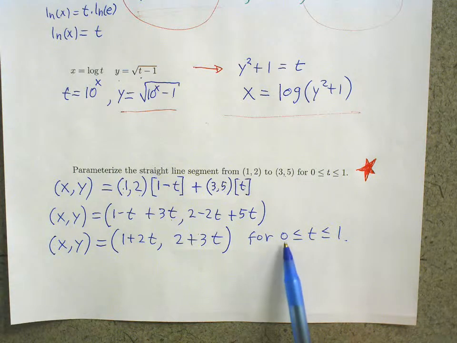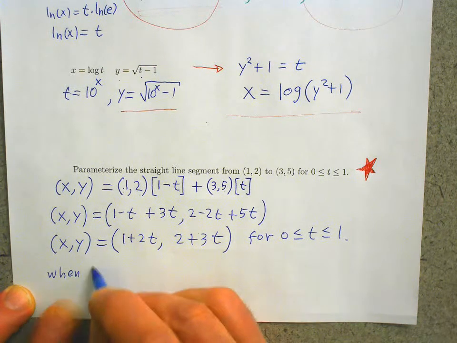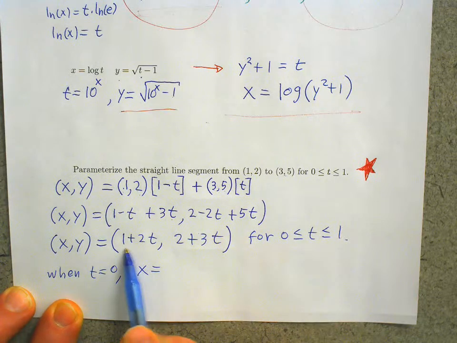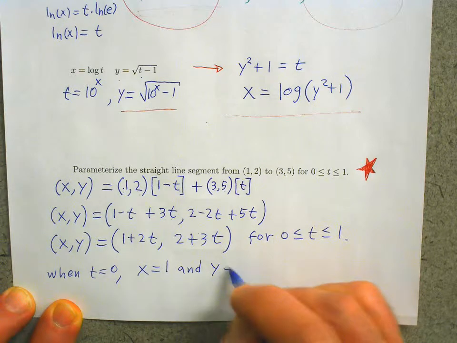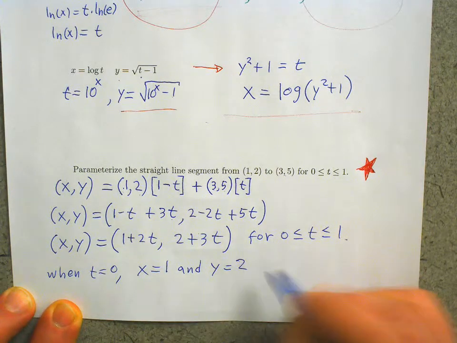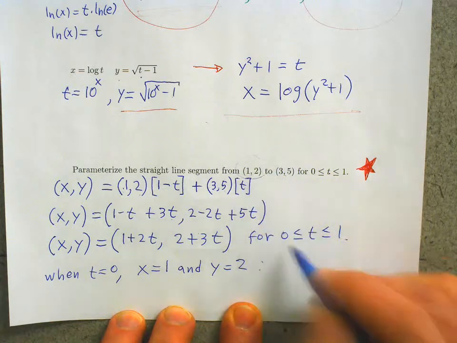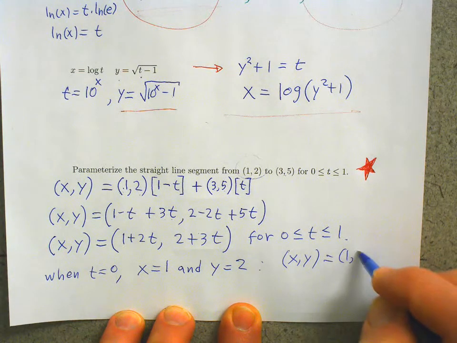So let's just check. When t is 0, the x-coordinate is 1, and the y-coordinate is 2. That's what we want. We want to start at the ordered pair 1, 2 when t is 0.